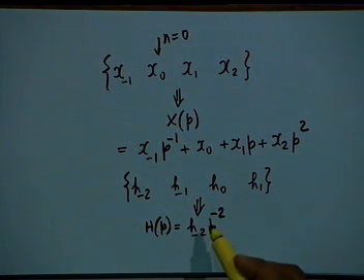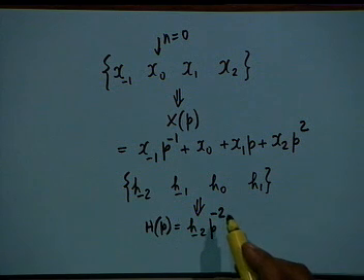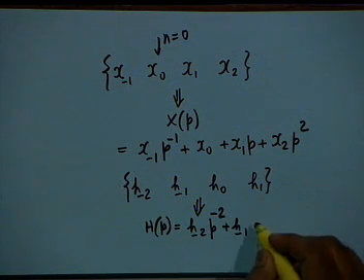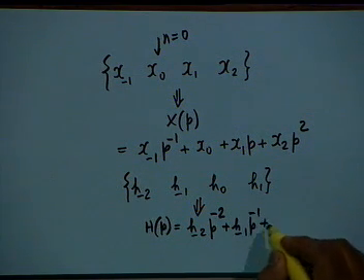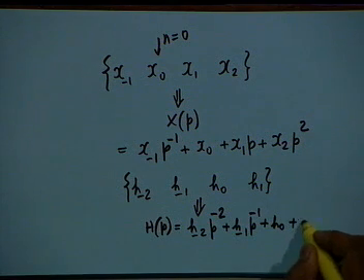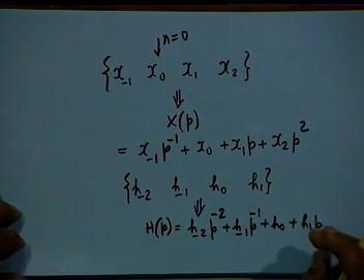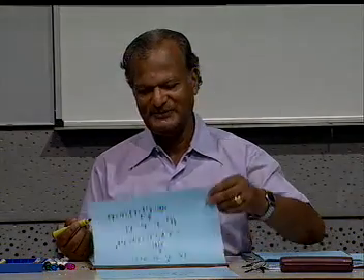The power of the variable indicates the position of the number in the sequence, plus h minus 1 p to the power minus 1 plus h naught plus h1 p. And they said in order to find the convolution summation, they didn't use the word convolution, or maybe they used the term convolution, yes. To find the convolution, you multiply x of p by h of p. You see what you get.